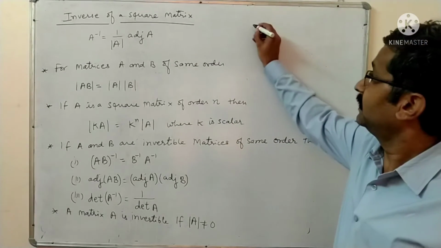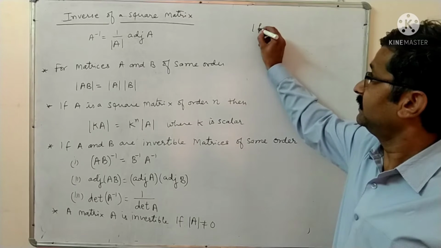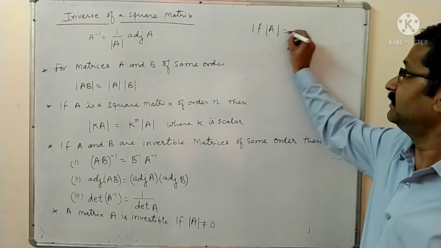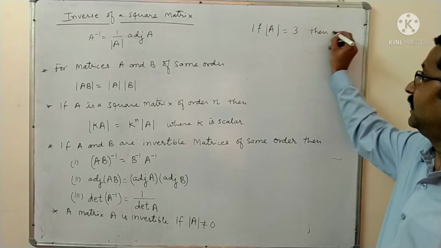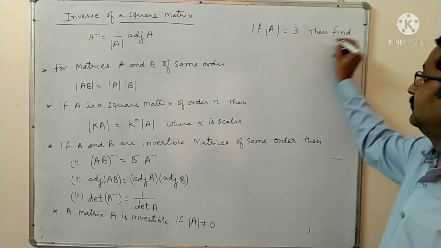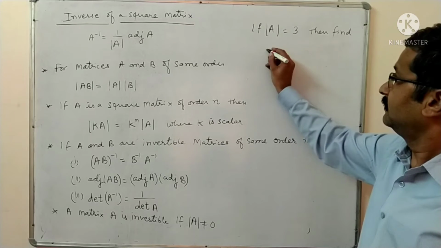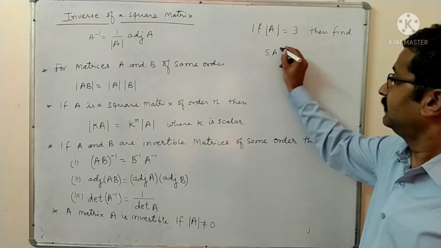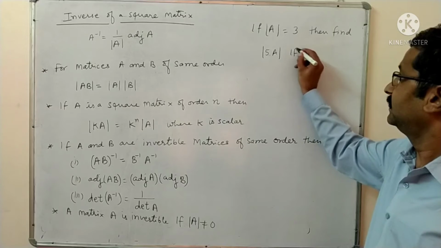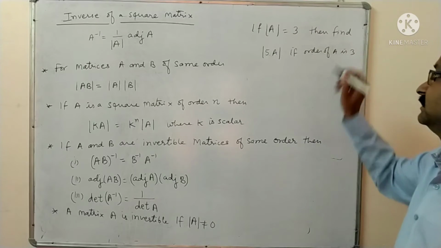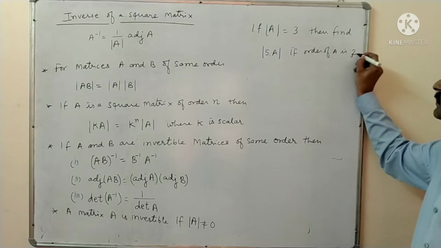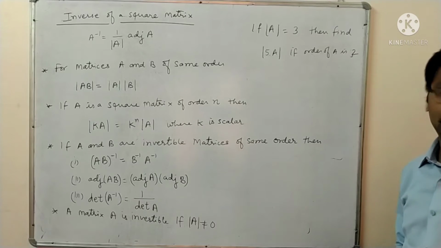If it is given in the question that determinant of A is equal to 3, then find determinant of 5A, and the order of A is 2.